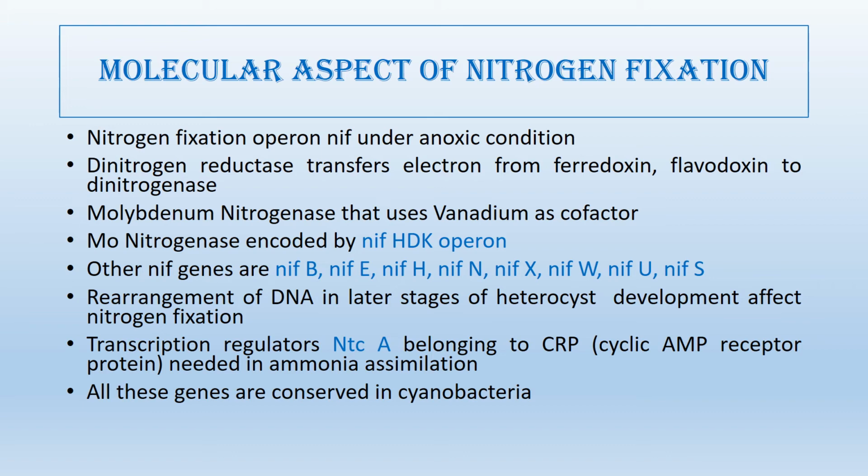Now, nitrogenase enzyme is an enzyme complex with two enzymes. The dinitrogenase reductase transfers electrons from ferredoxin or flavodoxin to the dinitrogenase, and dinitrogenase reduces the dinitrogen, that is the atmospheric nitrogen, to ammonia.